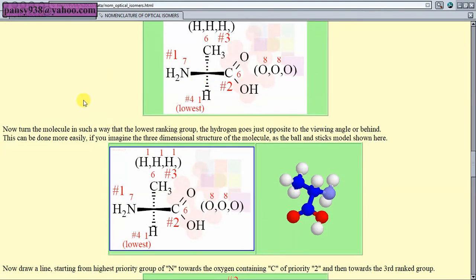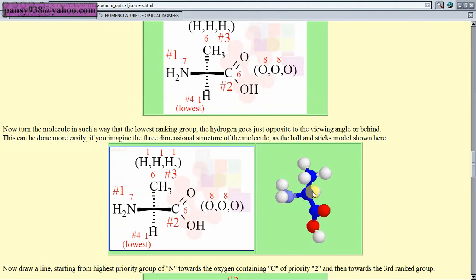Now imagine that the lowest ranking group is at the back of the molecule. So imagine a 3D model of the compound where the hydrogen is at the back.